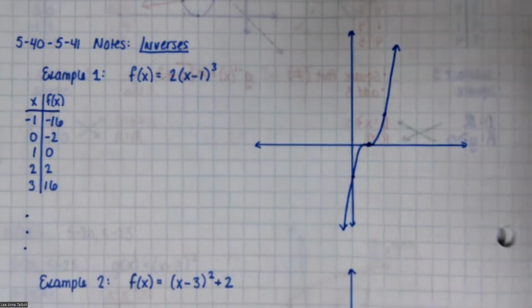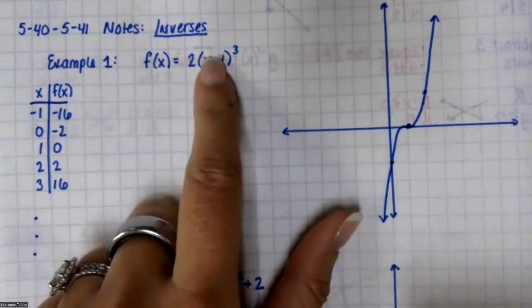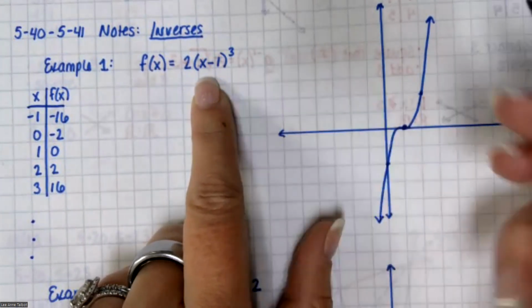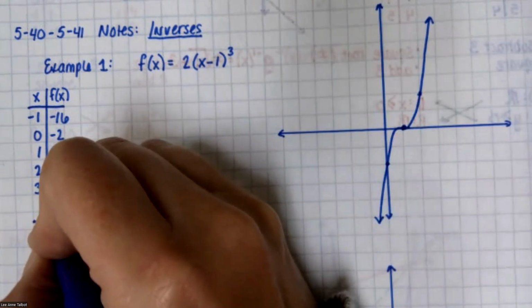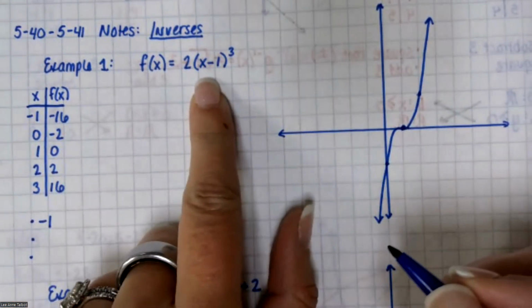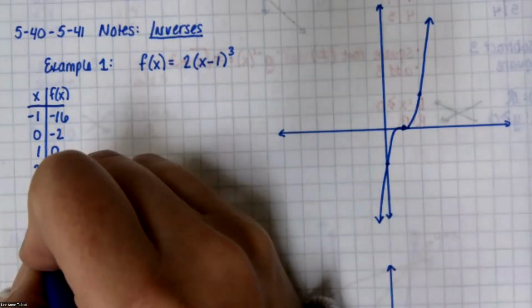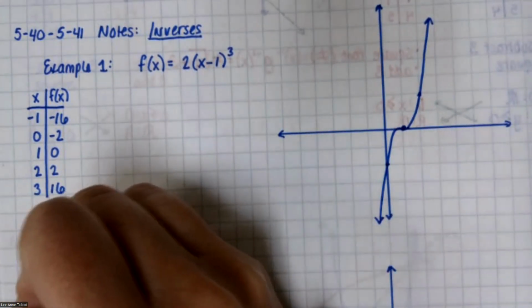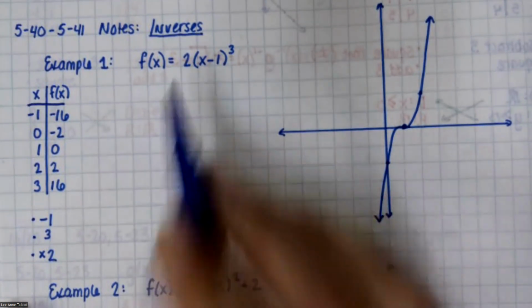Okay, now this one has 3 steps. I can tell. It doesn't matter if you can tell or not. But when I plugged things in for X, what did I do first in my table? Parentheses, right? Then what did I do? Cube. And then times 2. So parentheses, exponents, then multiply.